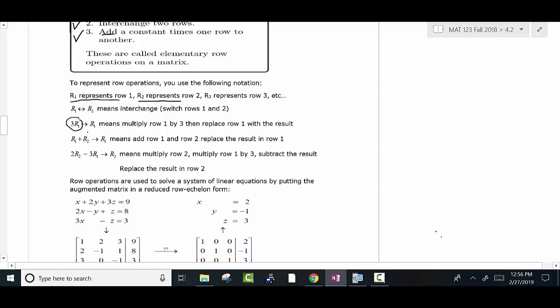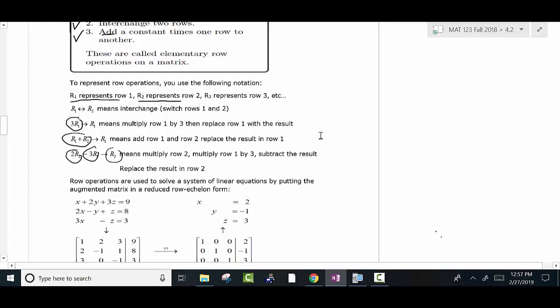You're only going to probably follow this until I do something specific, but just to give you the terminology, this statement would say add row 1 and row 2 together, get the result, and put it in row 1. You replace the original row 1 with that. This one says take 2 times row 2 minus 3 times row 1 and replace the result in R2. When you have that single arrow, that tells you where you put the result. So that's how that's going to go.